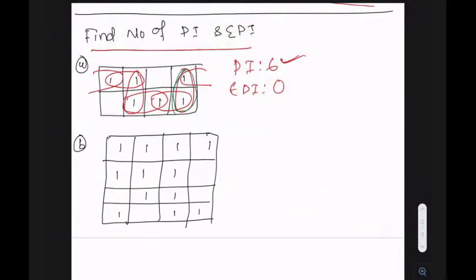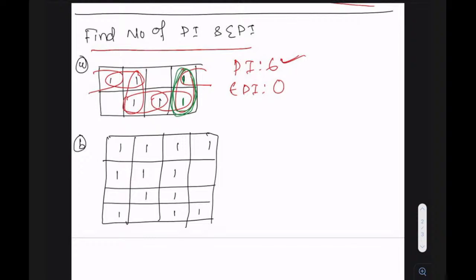This pair contains 2 min terms, but both of the min terms are covered by multiple groups. A PI is said to be an EPI if it contains at least one min term which is not covered by multiple groups. But we are not getting that in this case. So the number of PI is 6, and the number of EPI is 0.